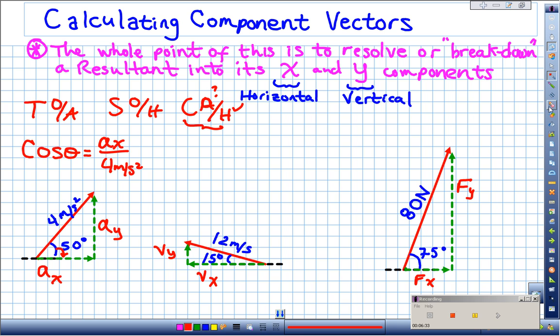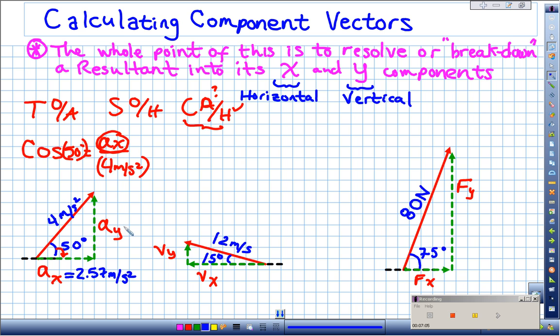And if I throw in my angle, which I've been given, in this case 50 degrees, then I can calculate the cosine of 50 degrees and multiply it by 4 meters per second squared so that I can get this all alone. And that would give me a value of 2.57, and the units are going to be meters per second squared because we're trying to find acceleration.